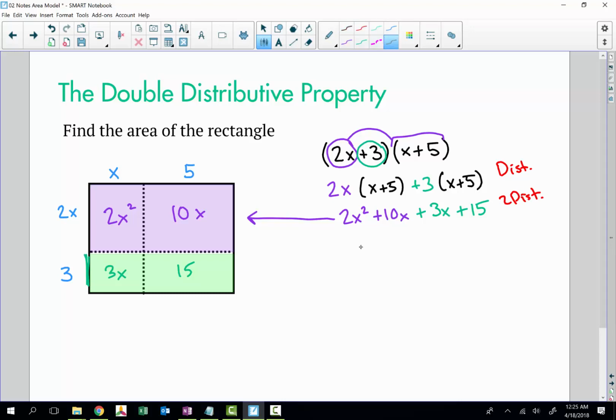As we do this, we're going to have 2x squared, and then we have 10x and 3x, that's going to be 13x, and then 15. So essentially we're doing all of the exact same math that you were doing with the area model. It's just that we're writing it all the way out in symbols. I need to make sure that I'm really clear on one thing, which is that it's the process here that we care about.